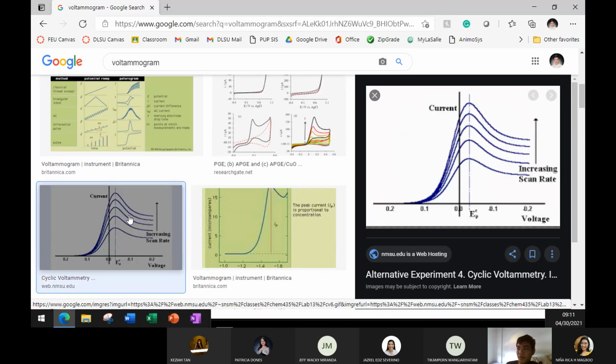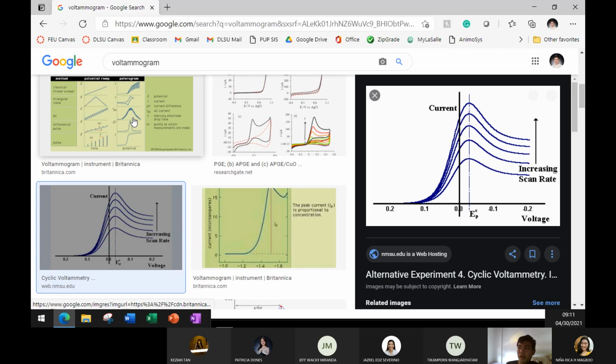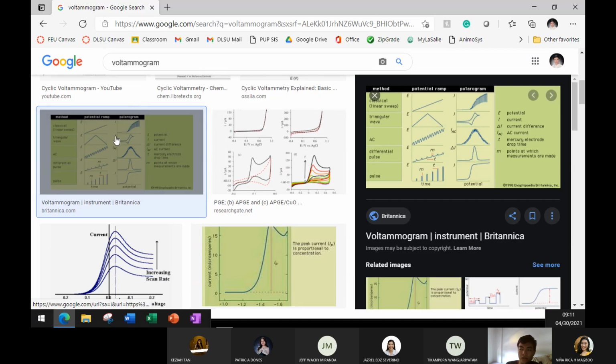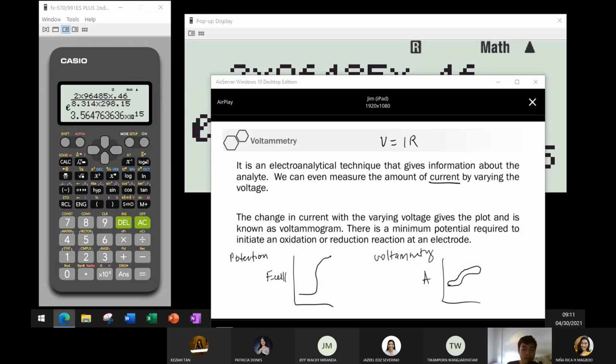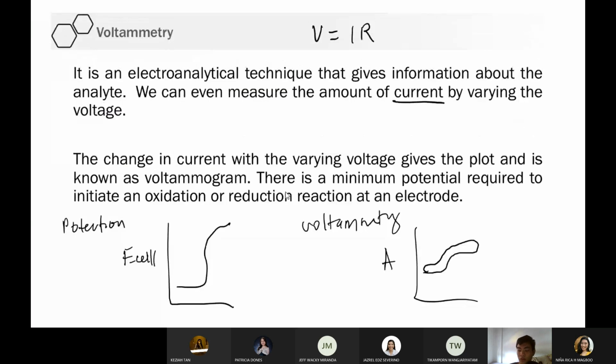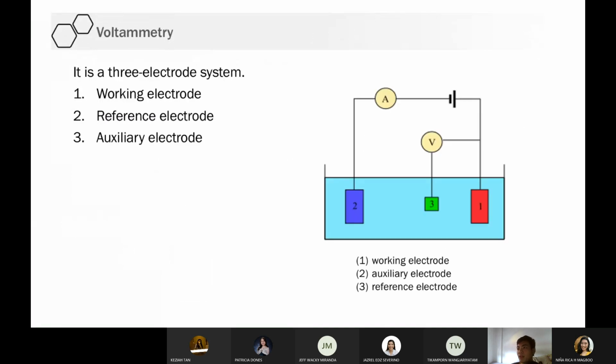Okay, so the graph is very different from potentiometry. So that means voltammetry is a very different topic. It has a very different approach compared to potentiometry.